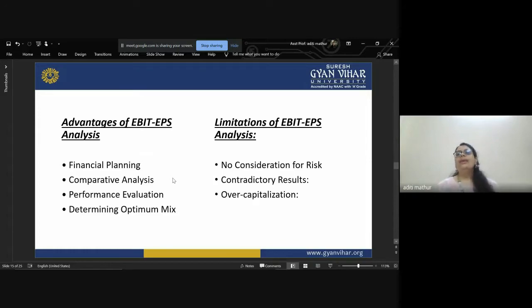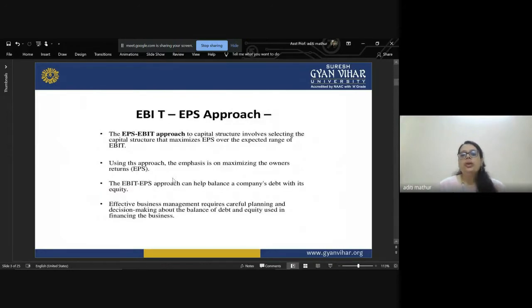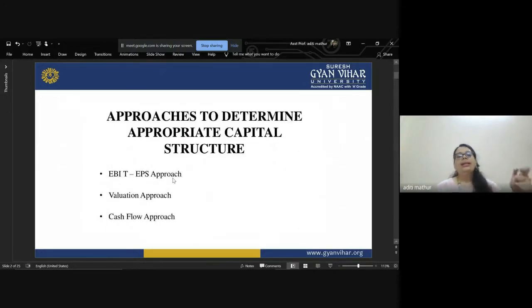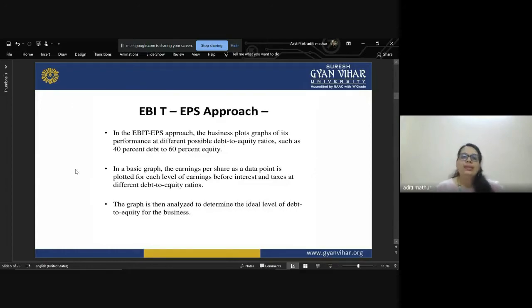So let us have a quick recap of what we have studied today. In today's video lecture, we discussed one of the approaches to calculate the capital structure, that is EBIT-EPS analysis, the approach in which we calculate the EPS and select the plan which has the maximum EPS, right? So there are basically three steps. The first is to note down all the different possible options of debt to equity for your organization.